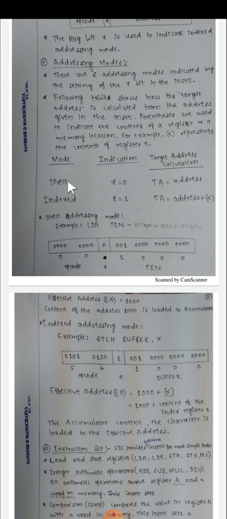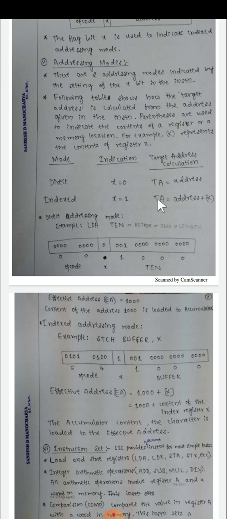So if you are using direct addressing mode, then the X value will be 0, and the target address is whatever the address was there. The second addressing mode is indexed addressing mode. We indicate it in our instruction by setting the flag bit X. If the X value is 1, then it is indexed addressing mode.